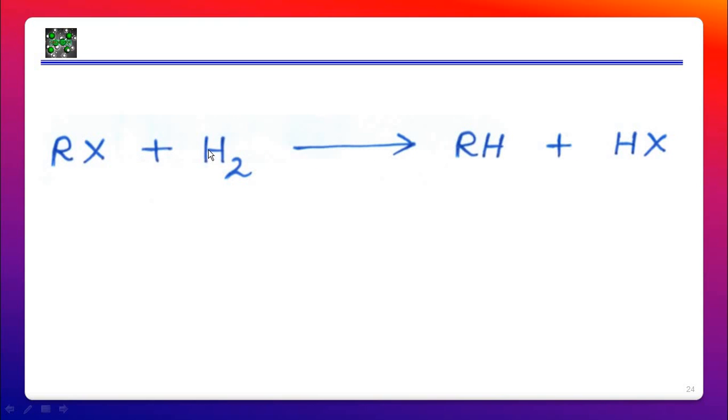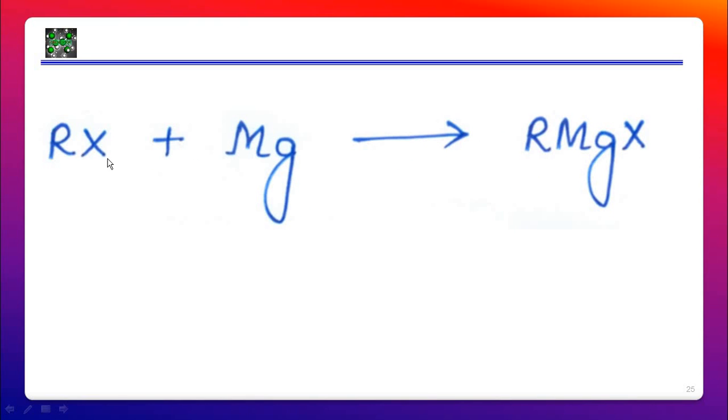Alkyl halide reacts with H2 to give RH and HX. So this is simply a hydrogenation reaction. RX reacts with Mg to give RMgX. This is the formation of Grignard reagent, simply an insertion reaction. Mg is getting inserted between the bond of R and X.